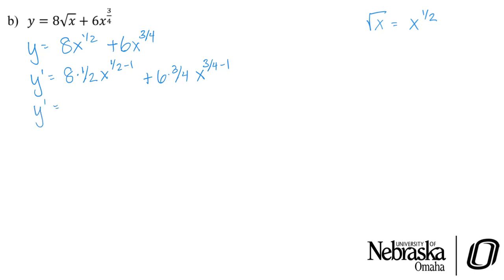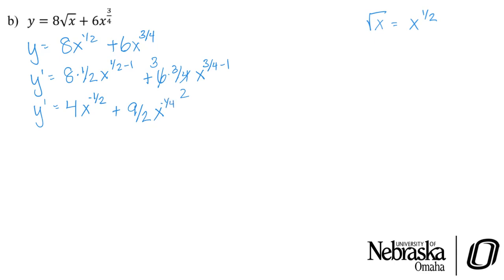As we simplify that, we have 8 times 1/2 is 4. 1/2 minus 1 will give us a negative 1/2. 6 times 3/4: the 6 and the 4 can simplify to be 3 over 2, so we get 9/2, x to the 3/4 minus 1. 3/4 minus 4/4 would be negative 1/4.